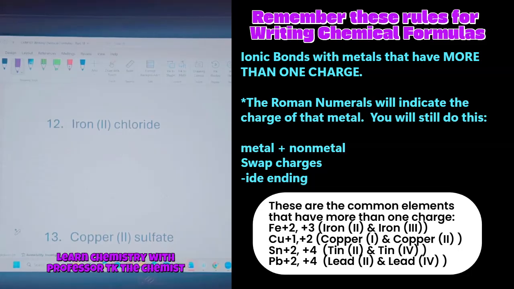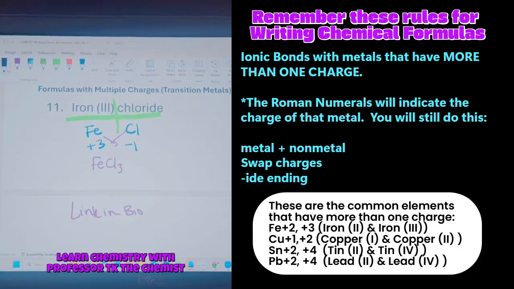Now, check this one out. Number 12, we've got iron Roman numeral 2 chloride. All right, so I'm going to show you all the difference. Iron Roman numeral 2 has, again, the charge of Roman numeral 2. All you're going to do is swap the charges, okay? FeCl2. Take a look right here.